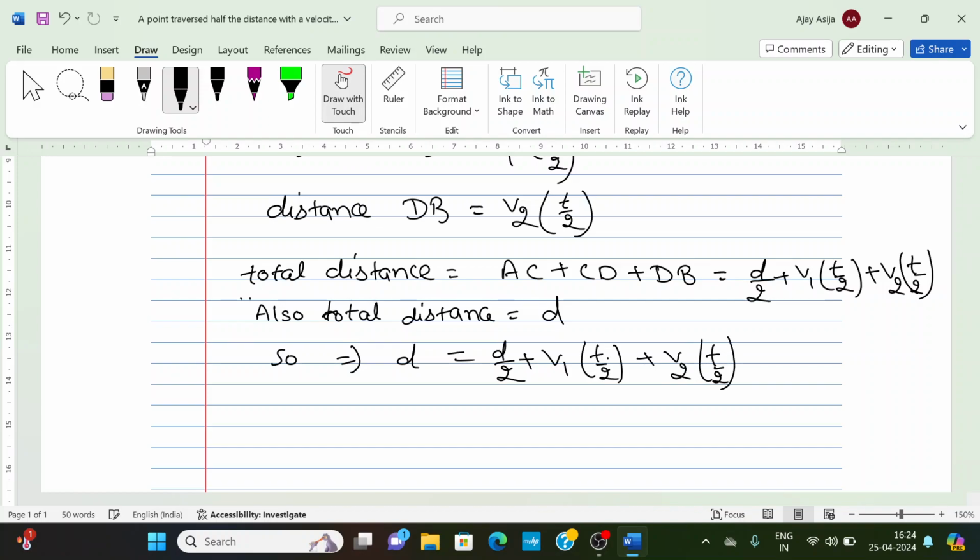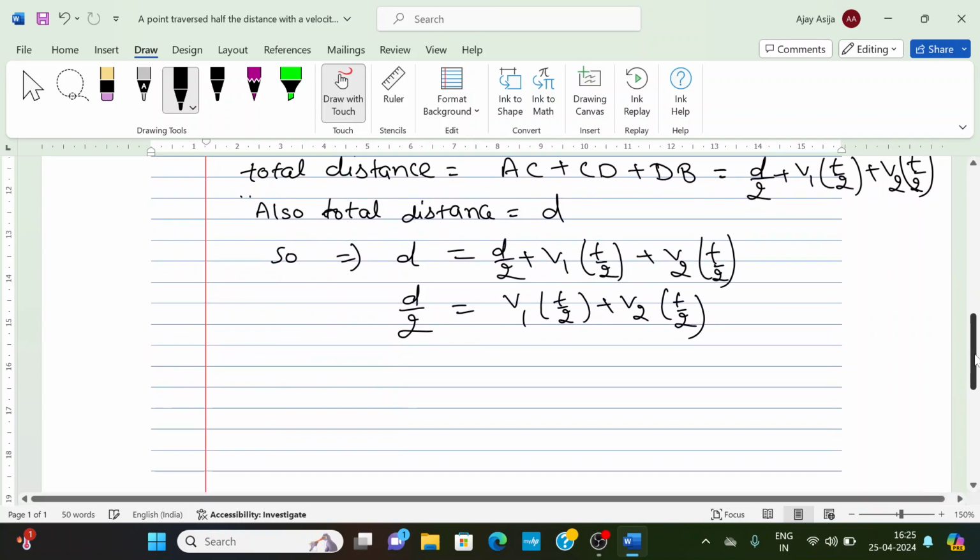From here we will find T in terms of D, v1 and v2. So D by 2 equals v1 into T by 2 plus v2 into T by 2.